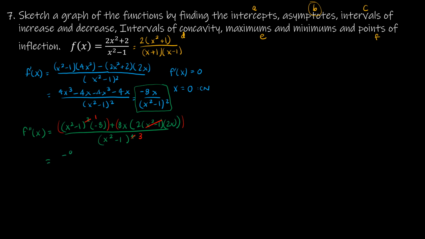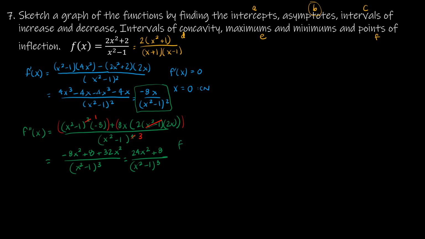So that's negative 8x squared plus 8, and then all of this, because the x squared minus 1 is gone, turns into plus 32x. And this is over (x squared minus 1) to the third. That reduces to 24x squared plus 8 over (x squared minus 1) to the third. Oops, this was x squared, sorry.